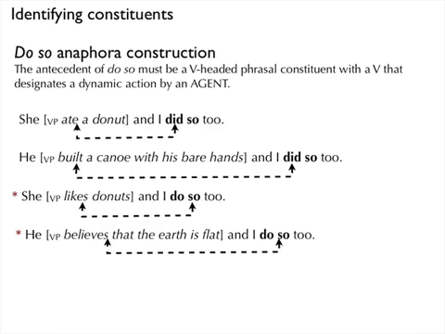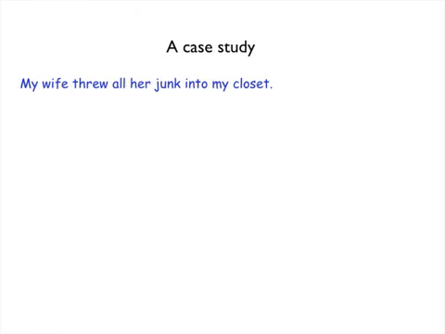But there are constraints on these things. The constraint here is that do so only goes with verb phrases where the verb involves some kind of activity, not a psychological state.